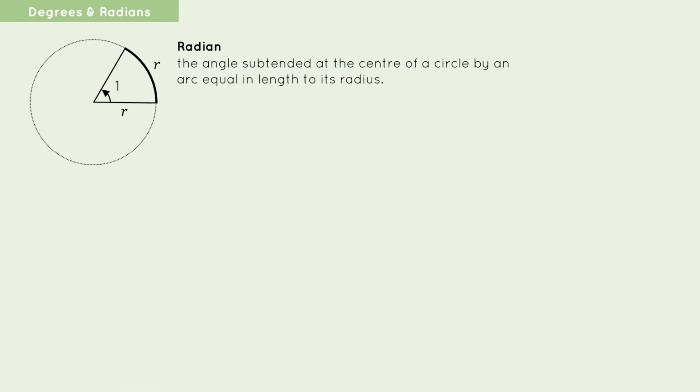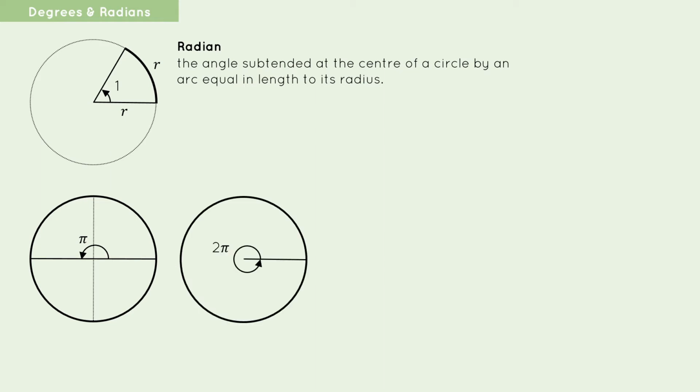This is what it means by the angle subtended at the center of a circle by an arc equal in length to its radius. So basically, if you go halfway around the circle, 180 degrees, it is pi radians. If you go one full circle, 360 degrees, it will be 2 pi radians.